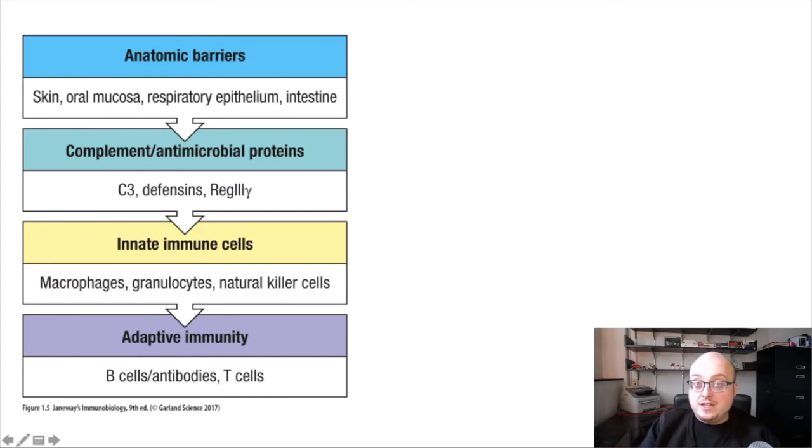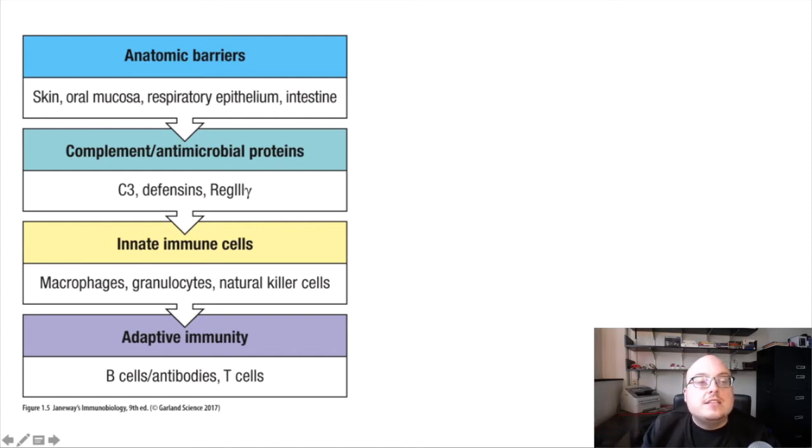Sometimes these barriers fail, however, and when that happens, we rely on a set of really broadly specific antimicrobial molecules. What I mean by this is these are molecules that we secrete, that we make on the surface of our skin and other tissues that are good at killing large classes of microbes. They're almost like the Purell of our immune system. They don't kill anything in particular, but they kill a lot of things in a really non-specific way.